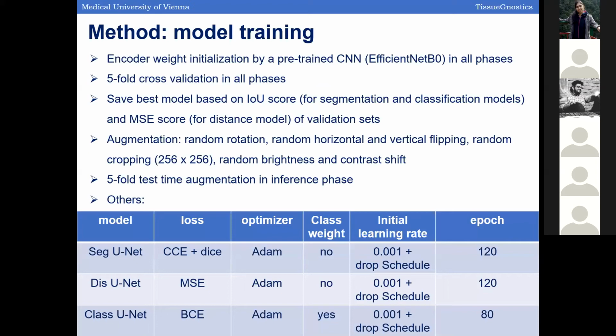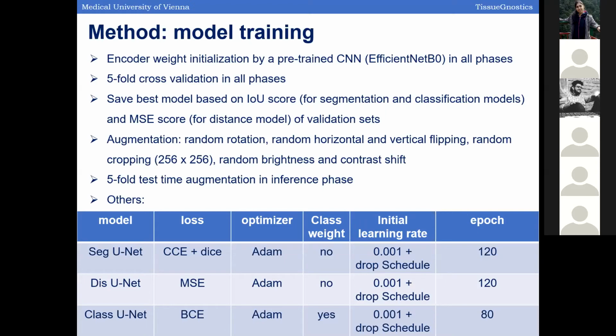For the segmentation and classification units, I monitor the IoU, the intersection over union score, and for the distance unit model, I use MSE, or mean square error score, to find the best model. I also use different augmentation techniques such as random rotation, random horizontal and vertical flipping, random cropping, and also random brightness and contrast shift.